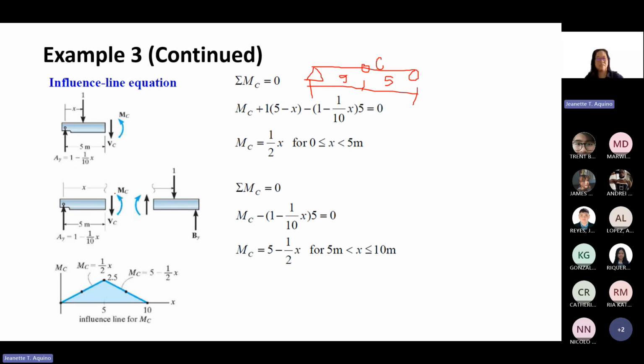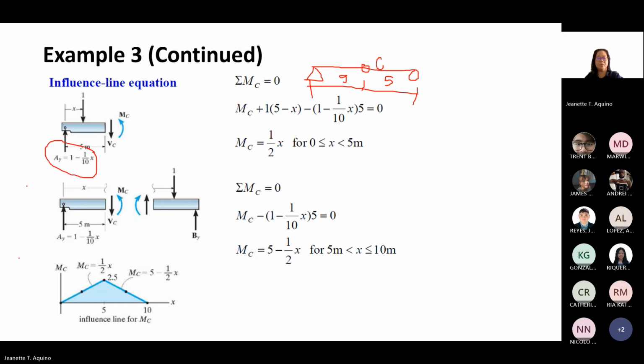So we can use this value and then solve the moment on the left and on the right of point C. If we cut the sections on the left of point C, we will have a shear downward and moment at C counterclockwise, and on the right it is clockwise and upward.